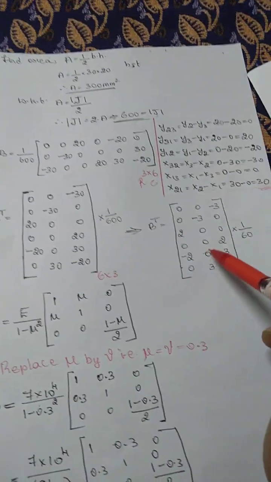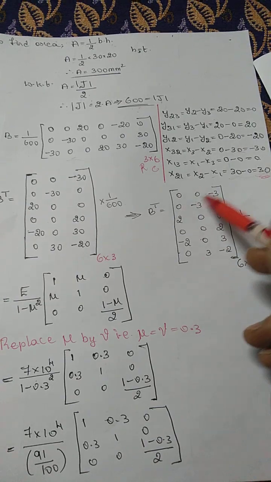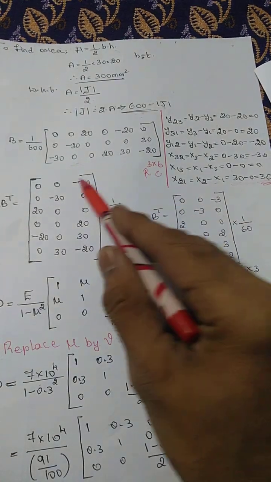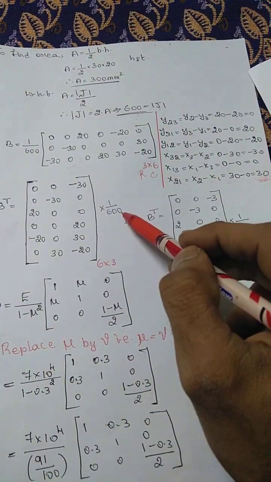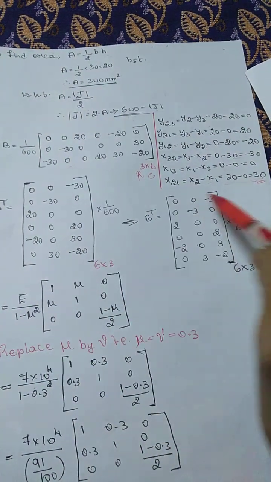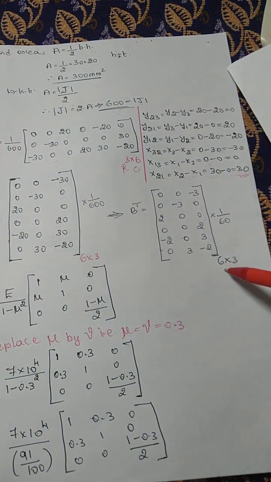In order to avoid big numbers in the further steps, I take 10 inside, so 30 minus 30 by 10 is minus 3. Similarly for all these values, you get this 6 into 3 matrix.